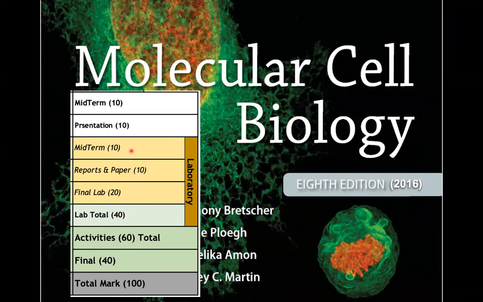For the lab, you will have a midterm that has 10 marks, then reports and paper submission that will take 10 marks, and then a final lab that will take 20 marks. Altogether that will be 40 marks for the lab. Together with 10 marks for the midterm and 10 marks for the presentations, the total will be the 60 marks of the activities.